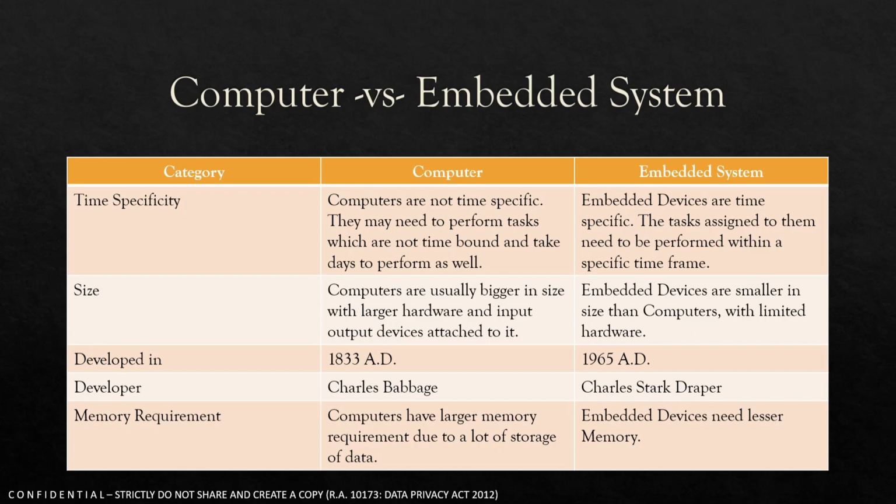The computer was developed by Charles Babbage, while the embedded system was developed by Charles Stark Draper. Next, for the memory requirements, computers have larger memory requirements due to a lot of storage of data, while embedded devices need lesser memory.